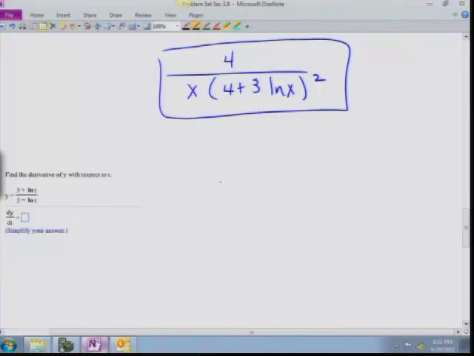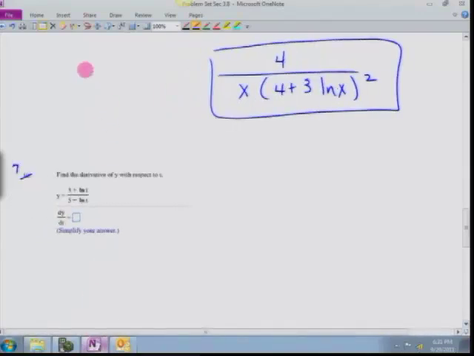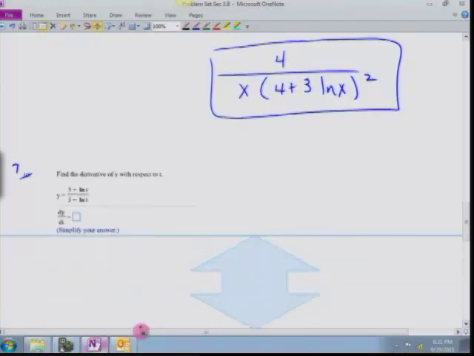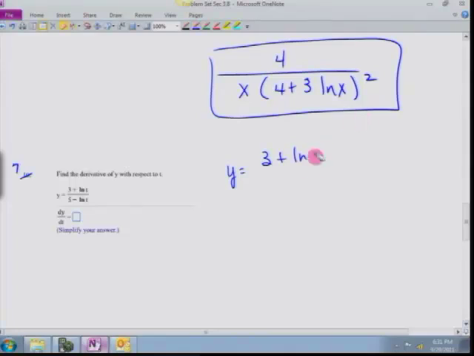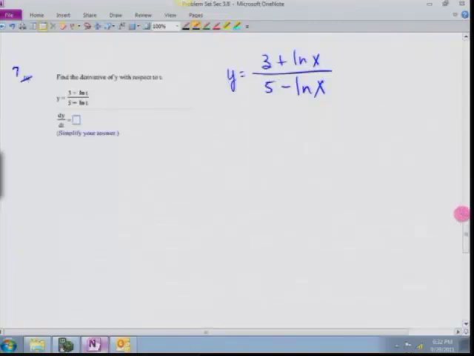Okay, this one's one you're going to do. I'll write it bigger. 3 plus ln t, make it x if you want, over 5 minus ln x. Okay? And you guys that have access to my notes, don't do it on paper. I want to see you work. Okay?